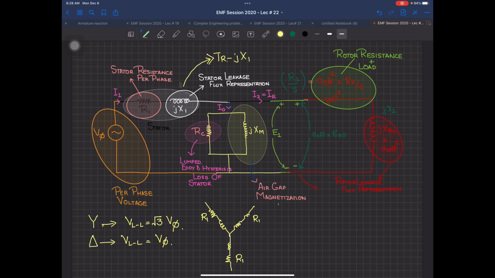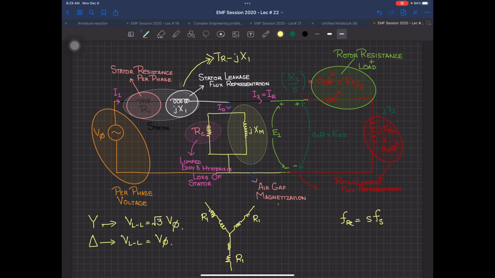And then these two elements which we discussed in the last lecture: Rc was the lumped eddy current and hysteresis losses of the stator, and I told you that these losses are only for the stator. For the rotor they are not included, because if you remember, the rotor electrical frequency was Fr equals s times Fs.